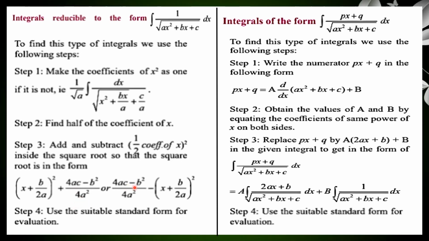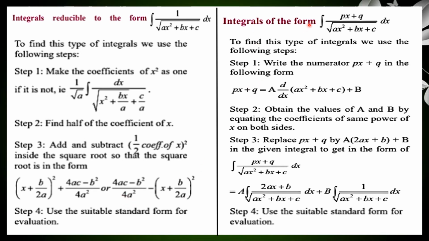This is of the form a square minus x square, or x square plus a square, but it may be minus a square because you have the formula x square minus a square. So 1 upon root of x square minus a square, or 1 upon root of a square minus x square. So we will use the appropriate formula.